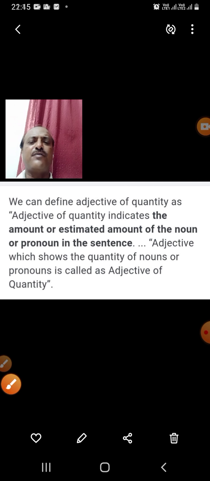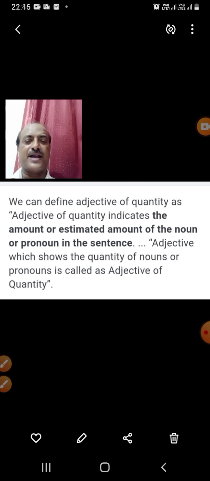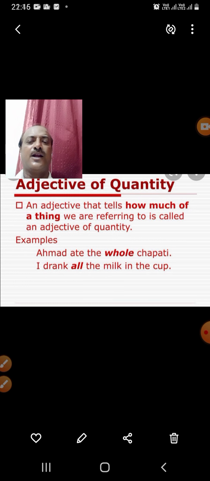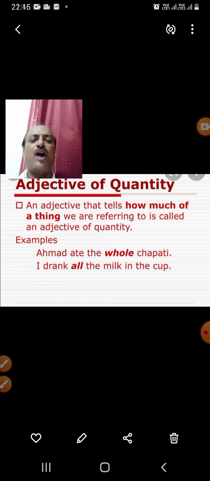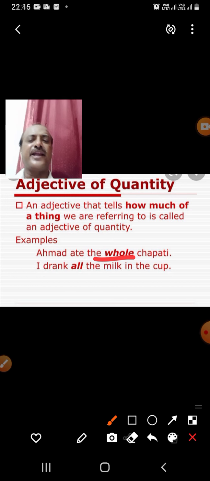Now, an adjective of quantity indicates the amount or estimated amount of the noun or pronoun in the sentence. They answer the question how much. For example, an adjective that tells how much of a thing we are referring to is called an adjective of quantity. Example, Ahmad ate the whole cake.